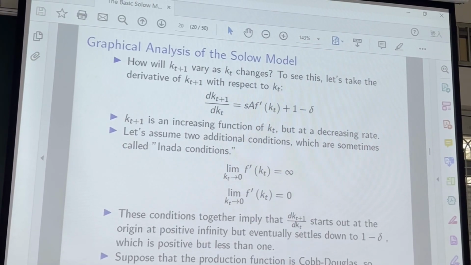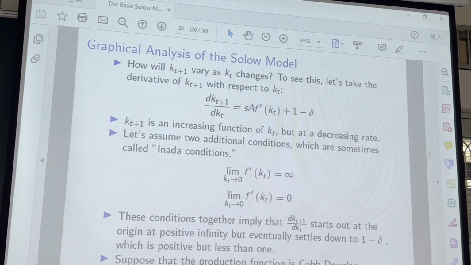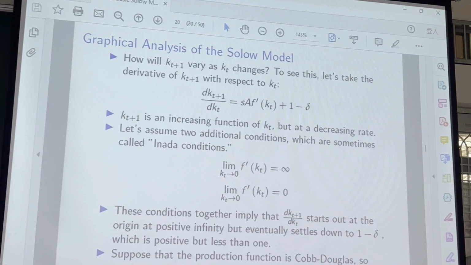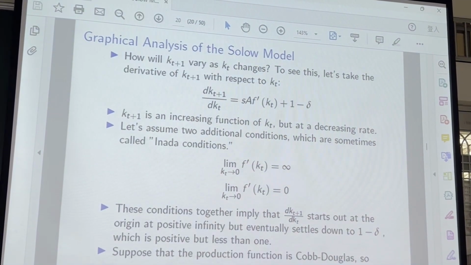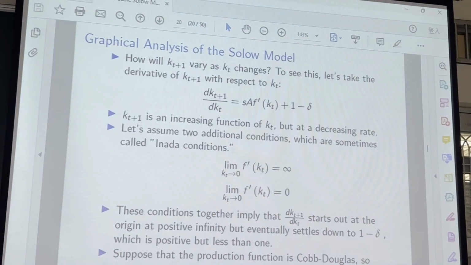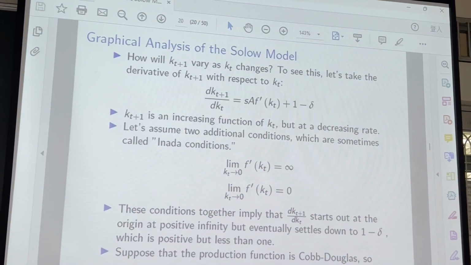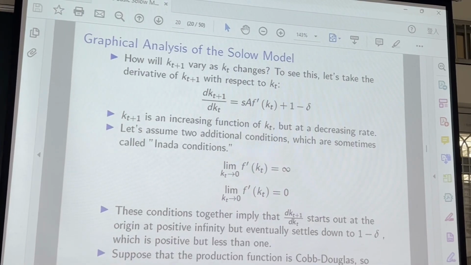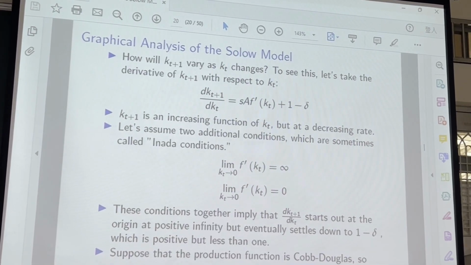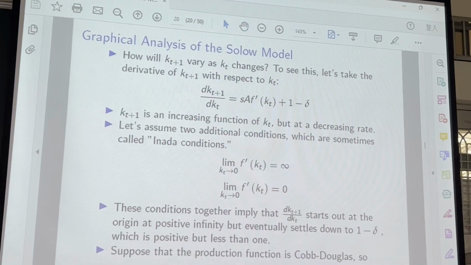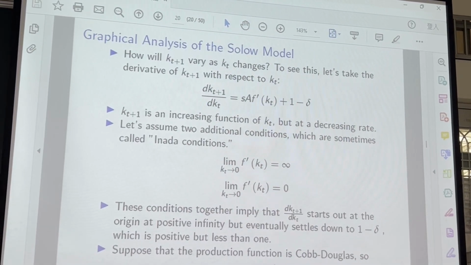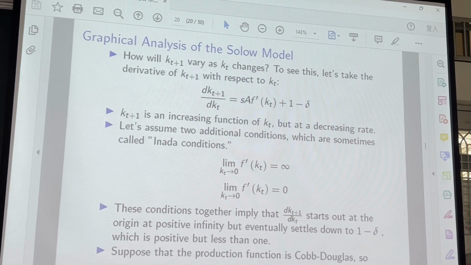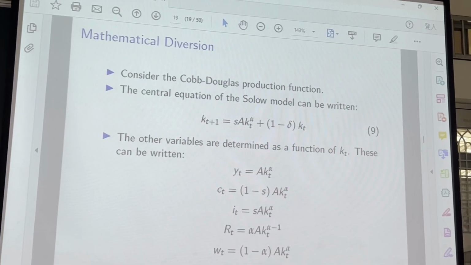Before I show you the graph, I can use the central equation that describes how capital accumulates over time. This serves as a powerful tool for your later graphical depiction and analysis. So now go back to equation 9.